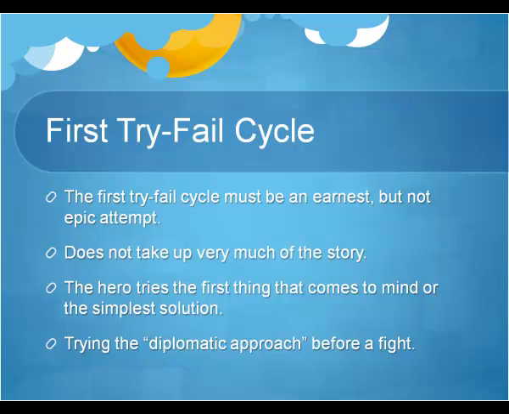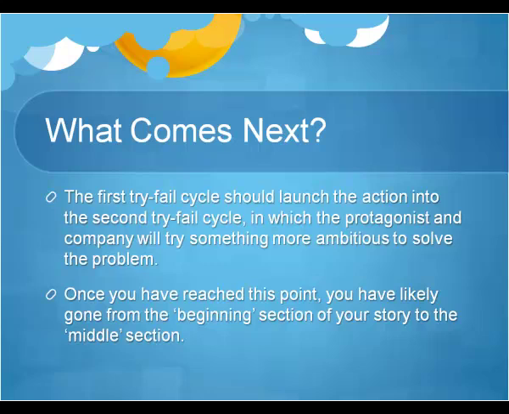Now, the first try-fail cycle shouldn't last all that long. They try the first thing that comes to mind, so it shouldn't really take up more than the first little part of your story. The next tries are going to take up much more of it. Whatever happens at the end of the first try-fail cycle, it should launch you into the action of the second one.